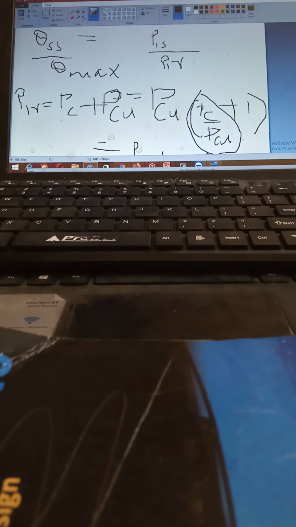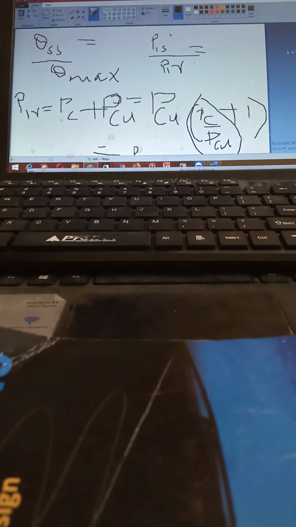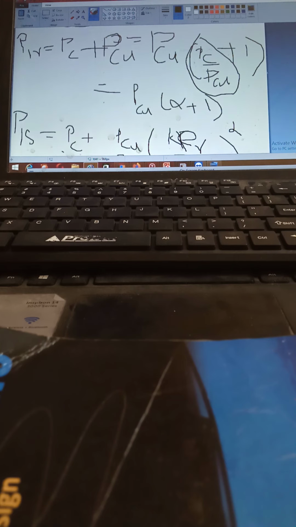So we got theta SS by theta max as P1S by P1R. So what is P1S by P1R? P1S is PCU into alpha plus K square. PCU is common, so it will cancel. And P1R is what? Alpha plus 1. PCU cancelled in both numerator and denominator. Now you have this equation, no? Theta SS by theta max. So you substitute here.